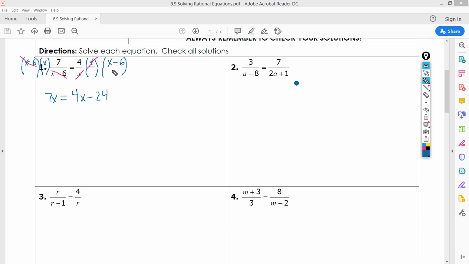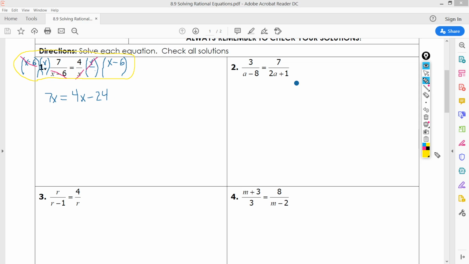Okay, now this, to me, this whole thing up here just looks like a disaster, okay? So instead of thinking about how we multiply both sides of the equation by both denominators, it's shorter to just think of things as cross multiplication.